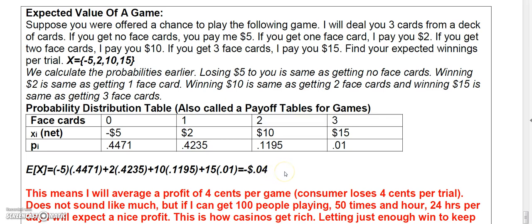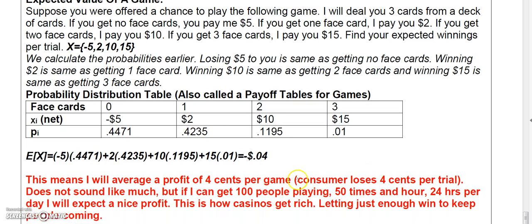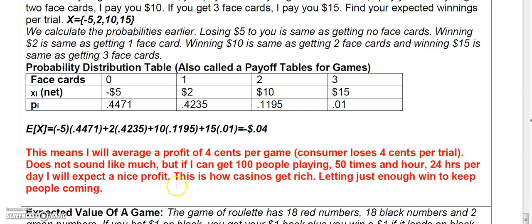This means that me running this game, I will average a profit of 4 cents per game. In other words, the consumers will average losing 4 cents per trial. Now it doesn't sound like much, but if I can get 100 people playing the game 50 times an hour, 24 hours per day, I will make a nice profit.